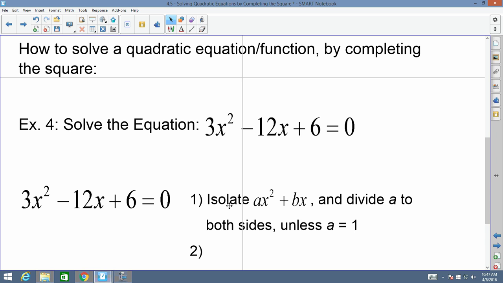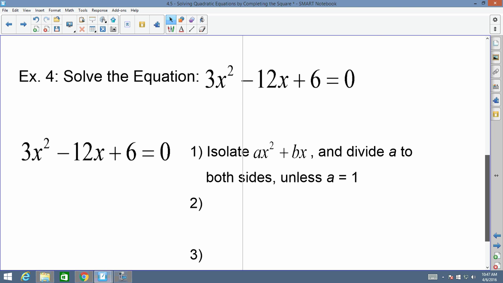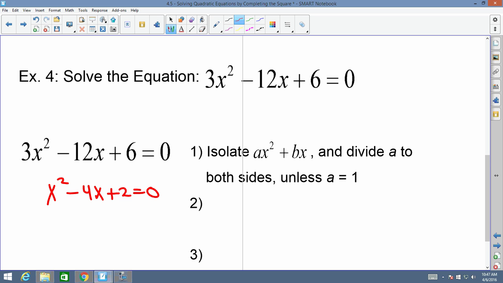Okay. So first of all, I'm going to isolate ax squared plus bx and divide by a on both sides, unless a is 1. Then I don't have to divide anything. So when I do that, I'm going to be left with x squared minus 4x plus 2 equals 0.